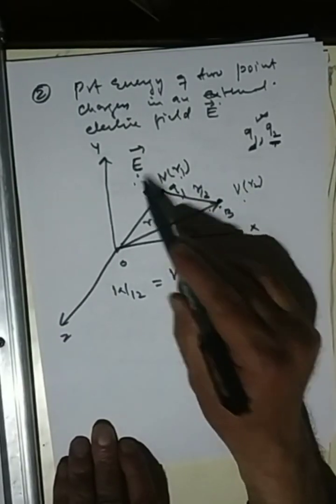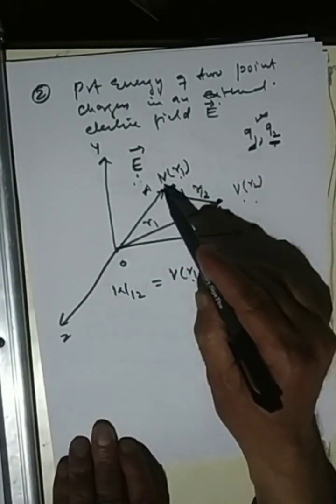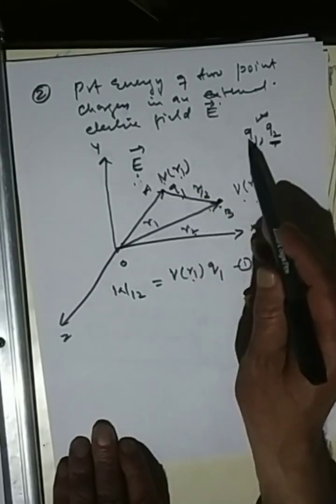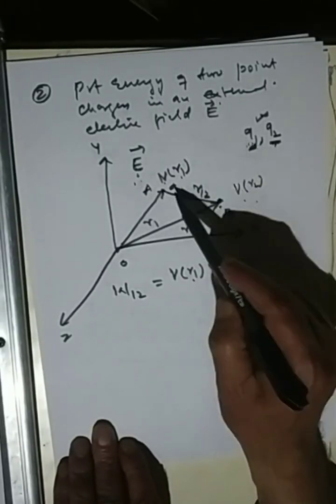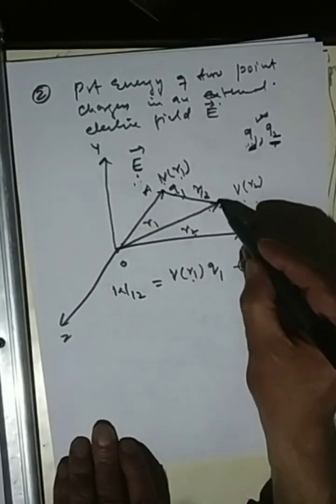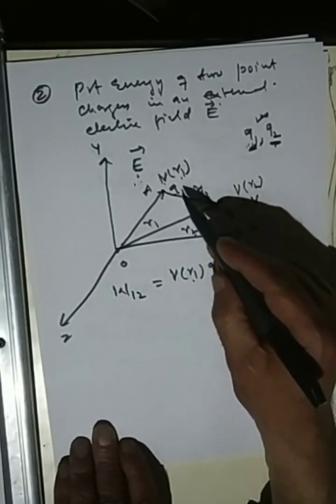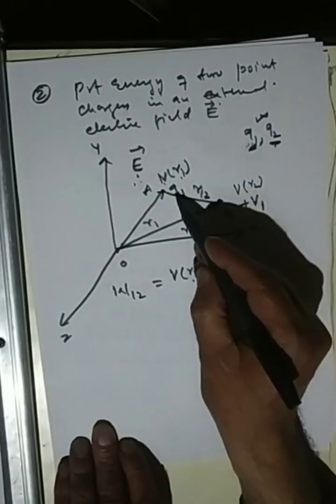And there will also be a potential at this point because of the charge Q1 which was brought initially. So the total potential at point B will be V(R2) plus, let us say, V1.